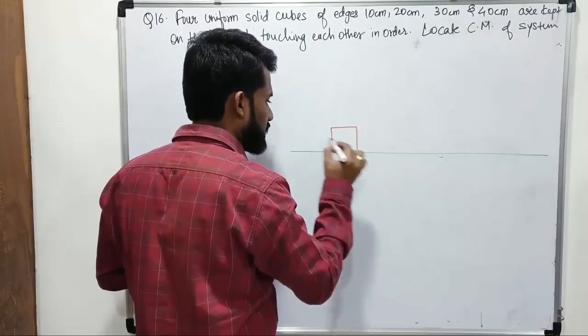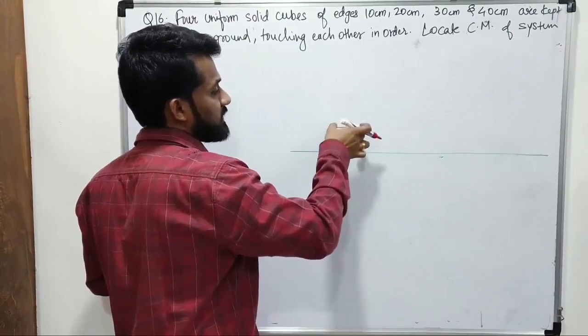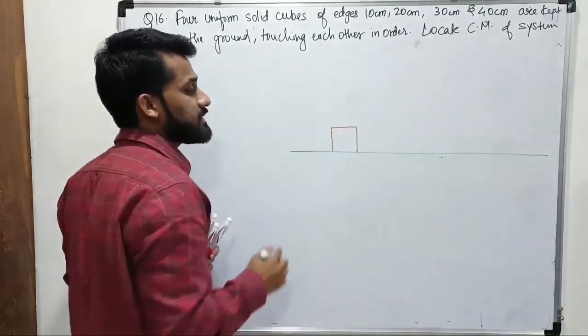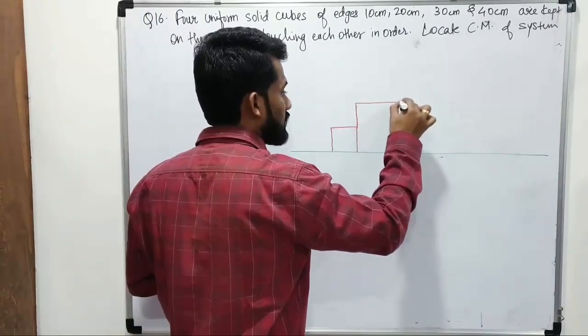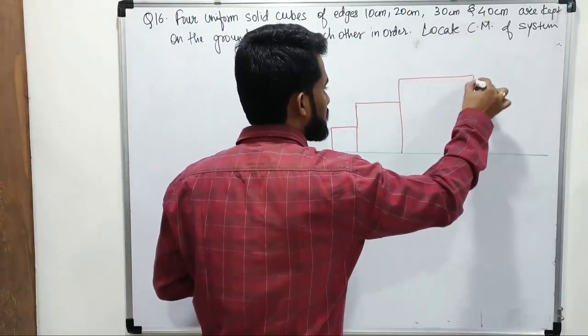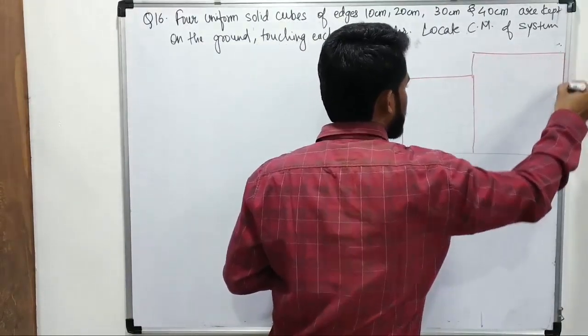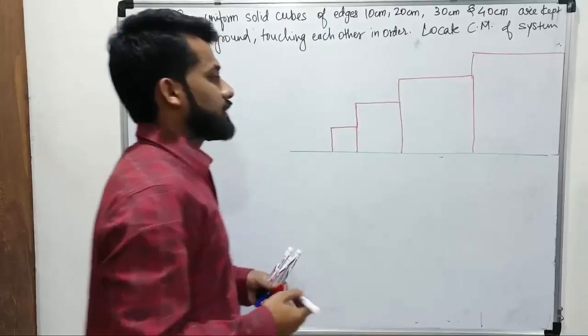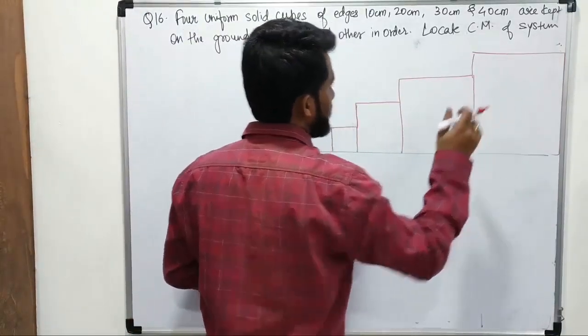So this is the first cube. Its length of each side is equal. It is 10 centimeters. The second one is 20. The third one is 30. And the fourth one is 40. So 10, 20, 30, 40.